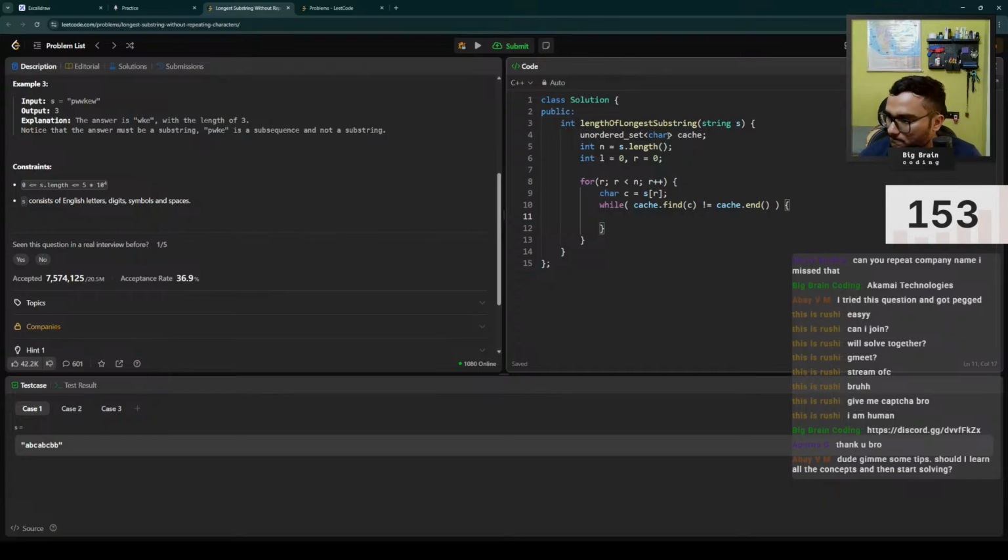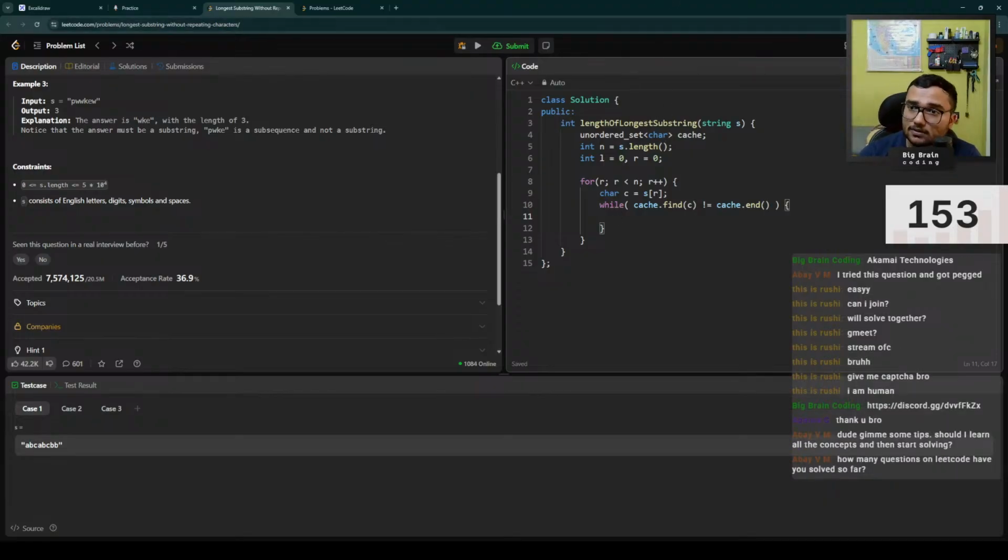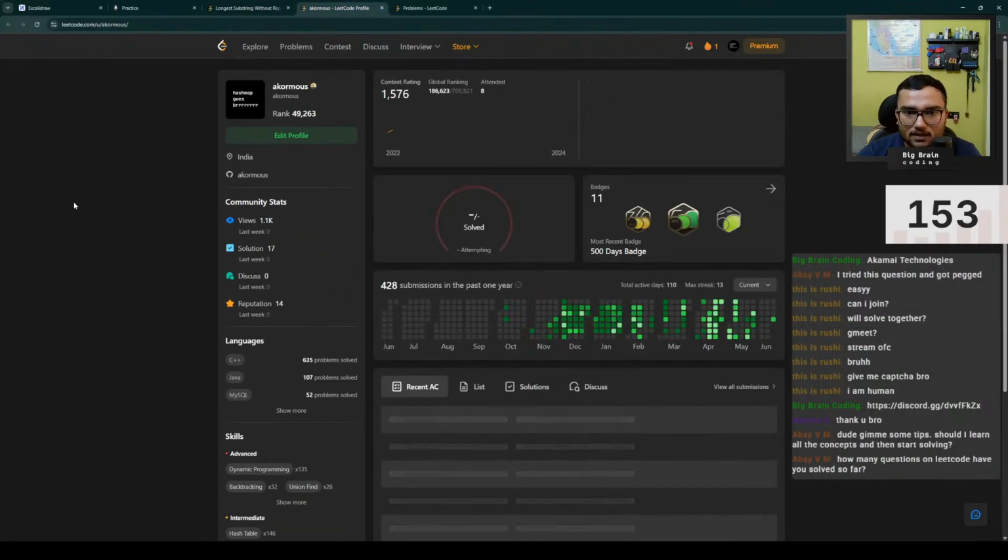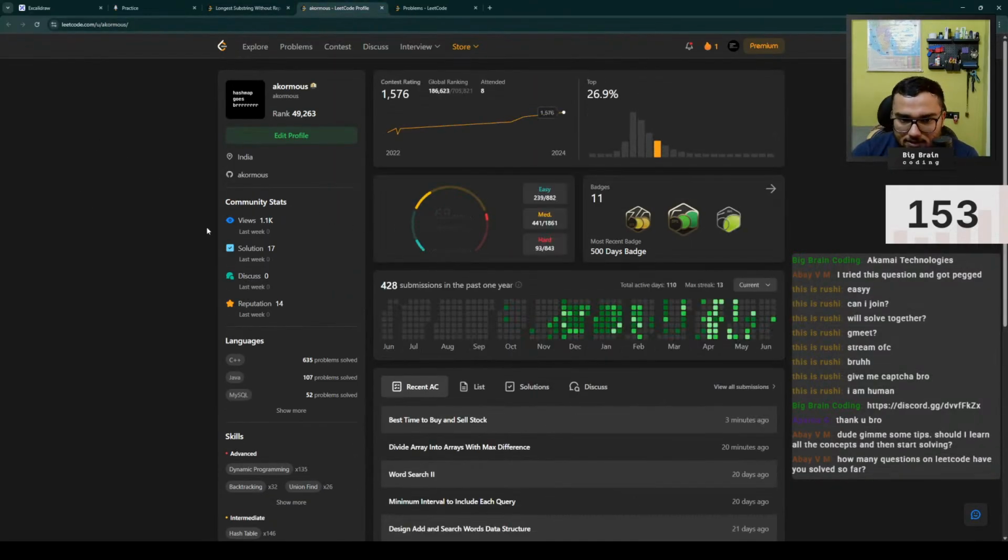right? How many questions on LeetCode have you solved so far? Let's see. I have solved 773 questions, which are way too much. I don't think you need to solve this many to get good at LeetCode. Probably the first 250 questions will give you the most learning. After that, it's just practice.